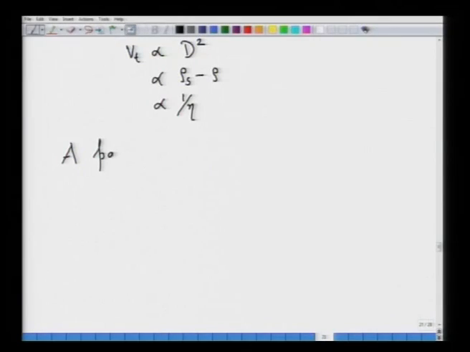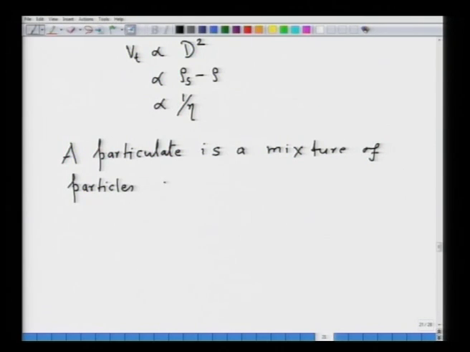So, essentially I can write down the definition: a particulate is a mixture of particles of different size, shape and different proportion of minerals.